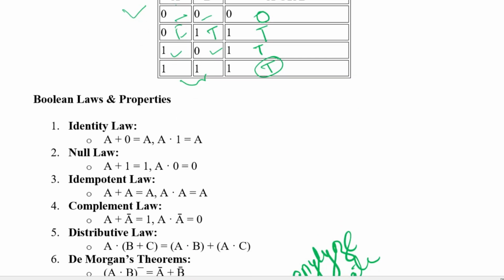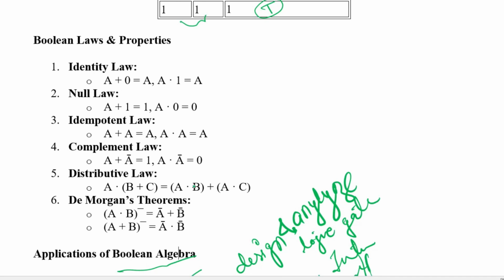Let me give you a basic hint of what the next lesson will be. In our next lesson we will try to understand Boolean algebra's laws. What are the basic Boolean laws, whether it is null laws, complement laws, the distribution law, De Morgan's theorems, or identity laws.